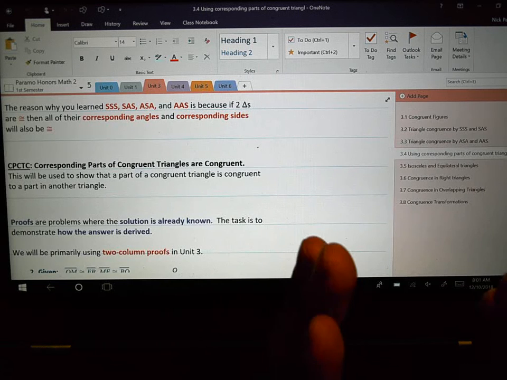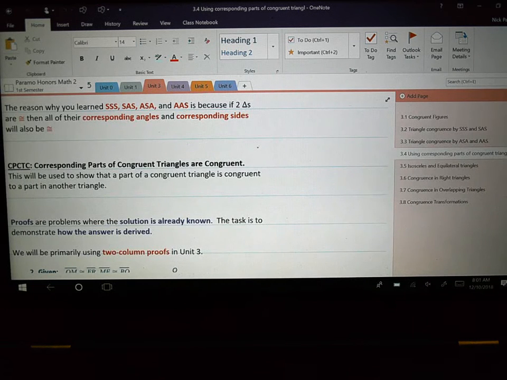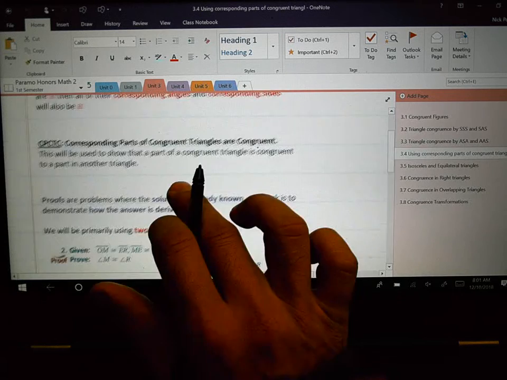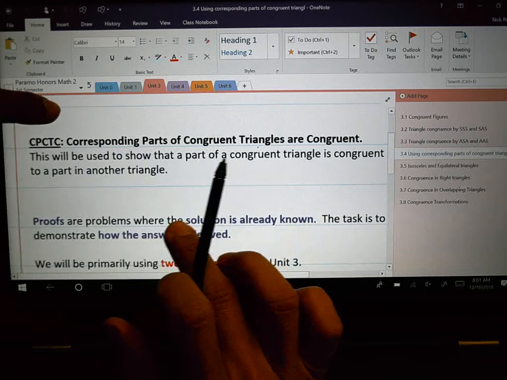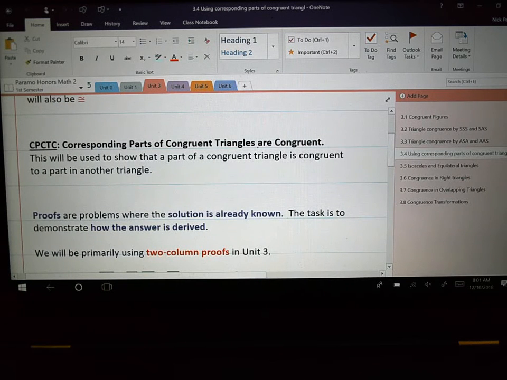Once we proved that two triangles were congruent, then we could use something called CPCTC. It was short for the corresponding parts of congruent triangles are congruent.